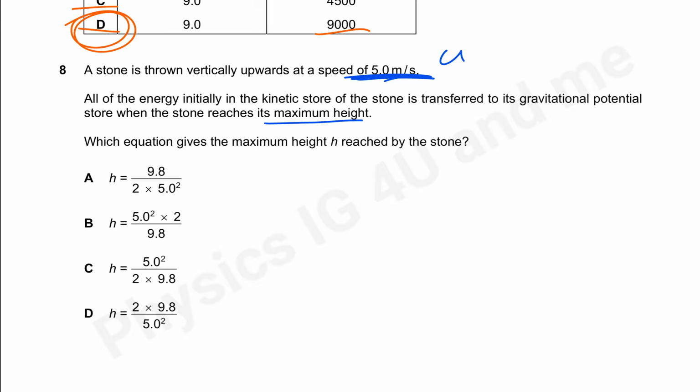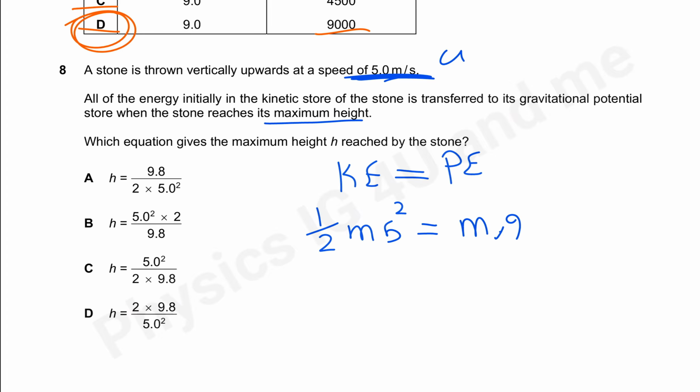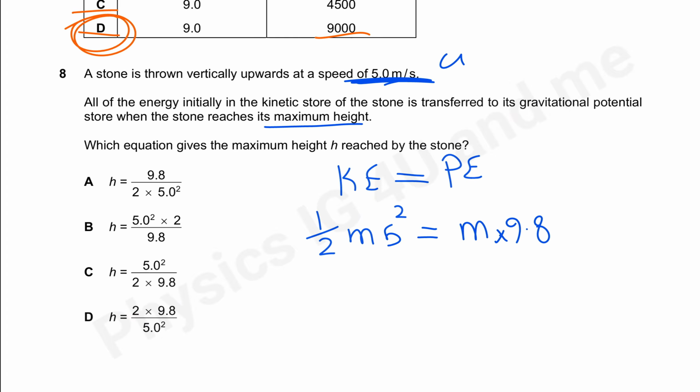So they just said all the kinetic energy changed, all of it, to potential energy, right? So I know already that the initial kinetic energy is half mass multiplied by velocity squared, which is 5 squared, equals the potential energy, mgh, mg, which is 9.8, multiplied by h.